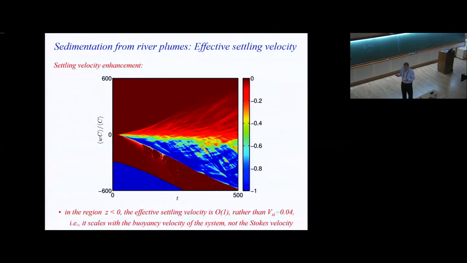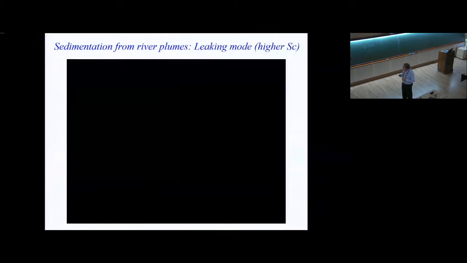So that shows you how this instability and the turbulence that's being generated in this interfacial region really speeds up the effective sedimentation rate of the particles, so that estimating that rate with the Stokes settling velocity would not be a very good approximation.